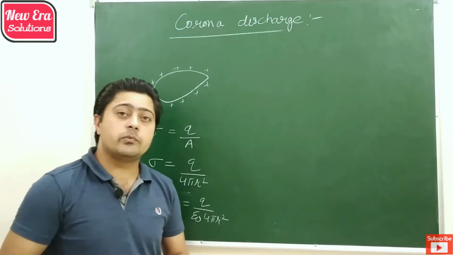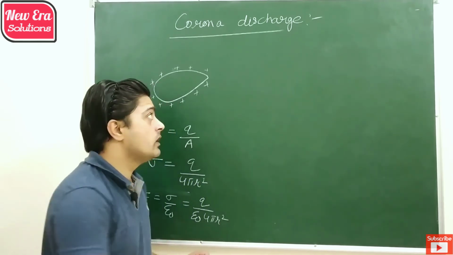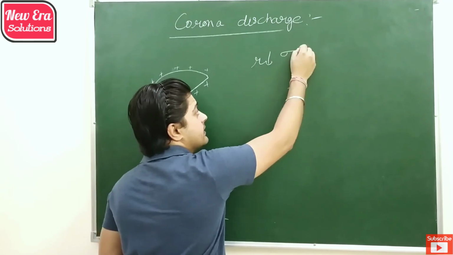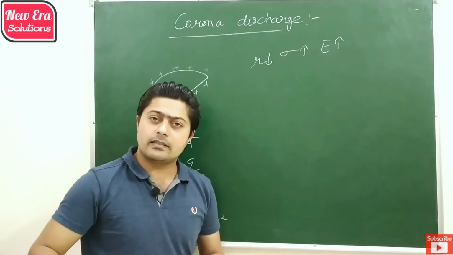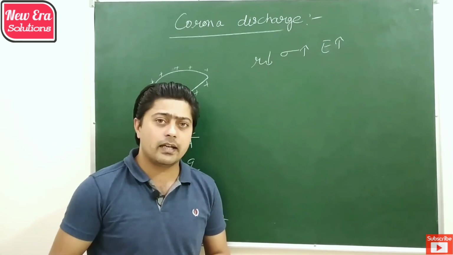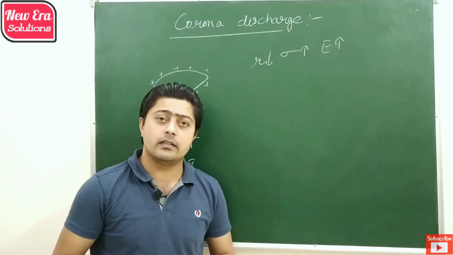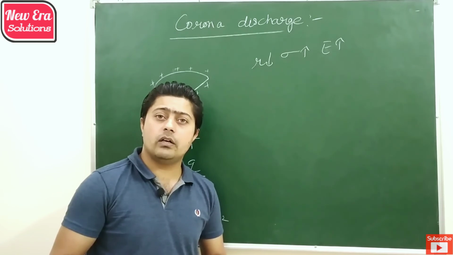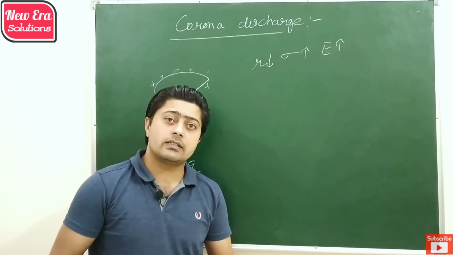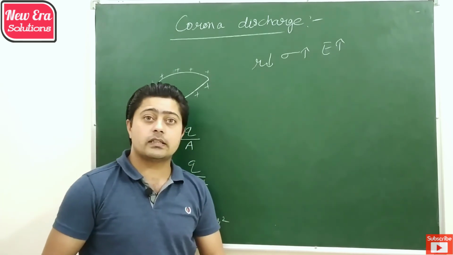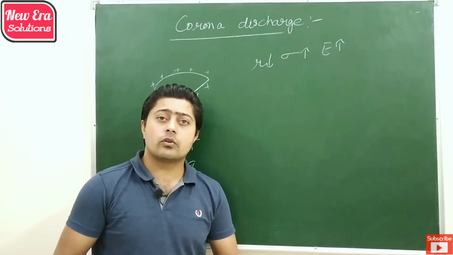So when charge is distributed over a conductor and it has sharp edges, on those sharp edges, due to low radius, the charge density will increase, which also increases the electric field, and sometimes that electric field is so high that it can ionize the air present around it, and that concept is called electric breakdown, which we already discussed. So the ionized air takes the charge away from the sharp edge of the conductor and it gets discharged. That kind of discharge is called corona discharge.